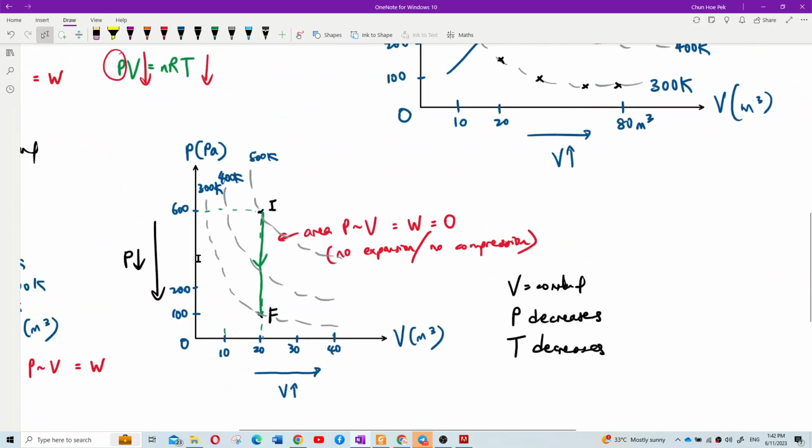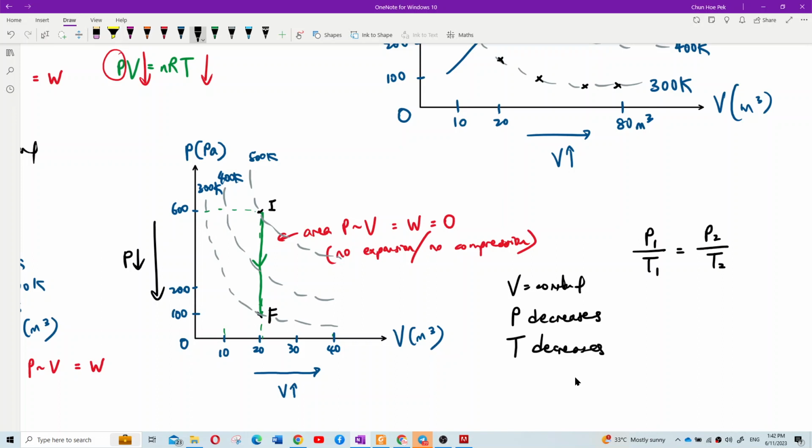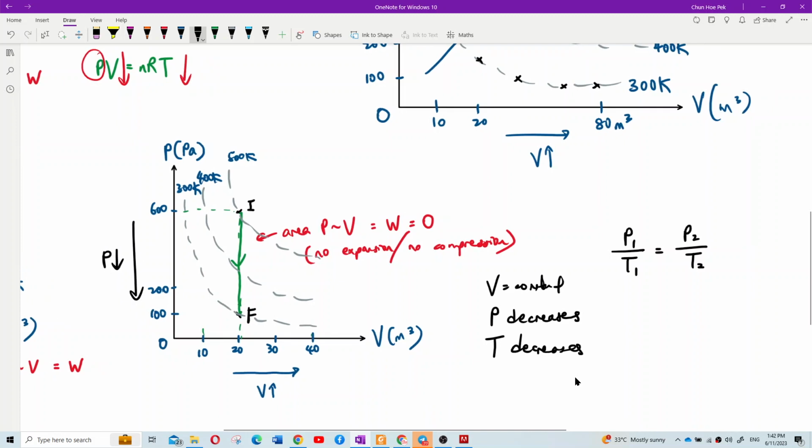Now is the Gay-Lussac law, or pressure law: P1 over T1 equals P2 over T2, class. That means when you lower the temperature, the pressure also gets lower. Higher temperature means higher pressure. Make sense, class?